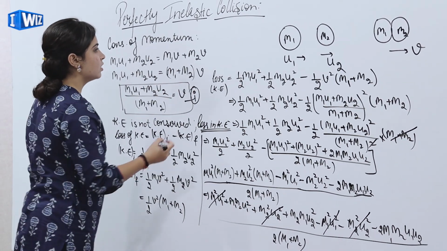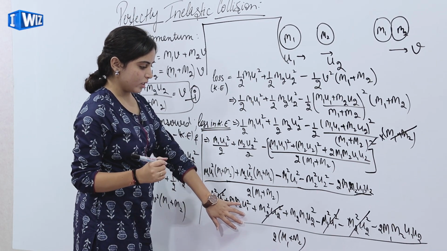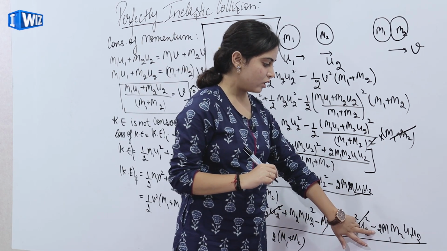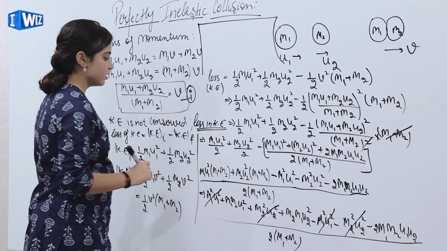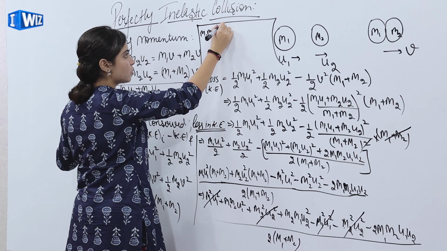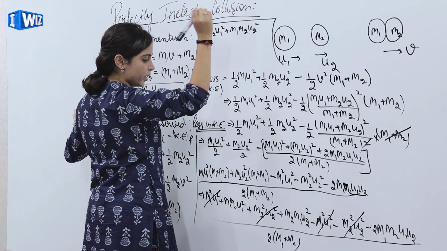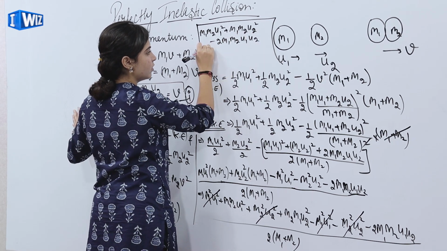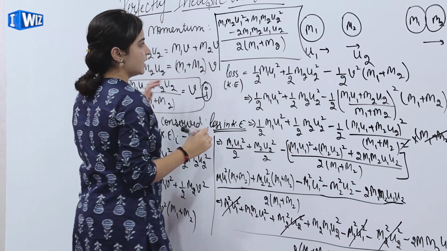We are left with m1 m2 u1 square plus m1 m2 u2 square minus 2 m1 m2 u1 u2 upon twice of (m1 plus m2). This is the result we got.